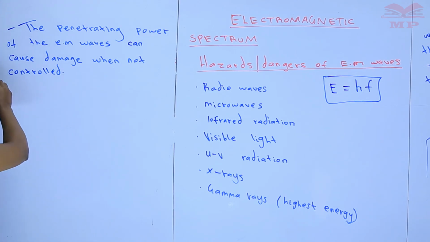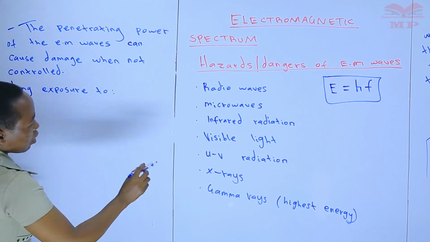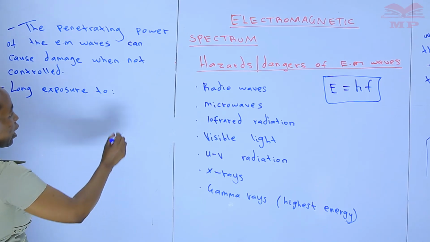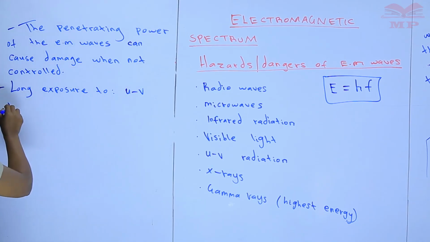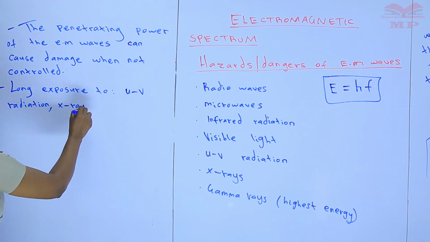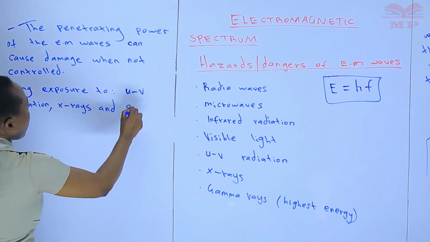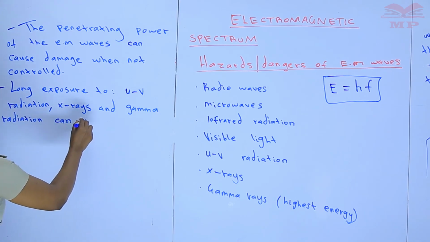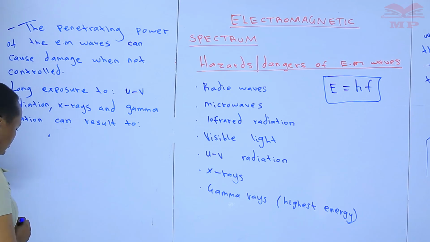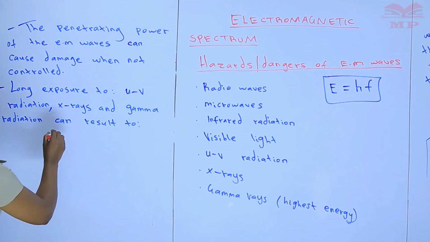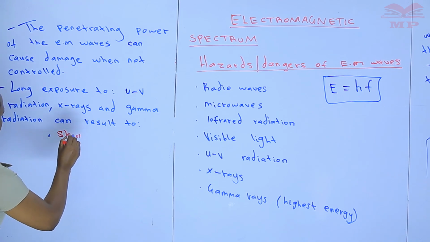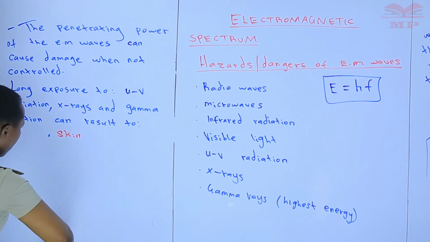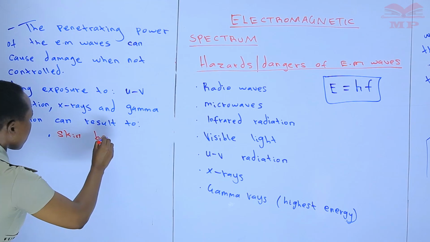So we can say that long exposure to electromagnetic waves like the UV radiation, the X-rays, and the gamma radiation can result in, number one, the skin burn.